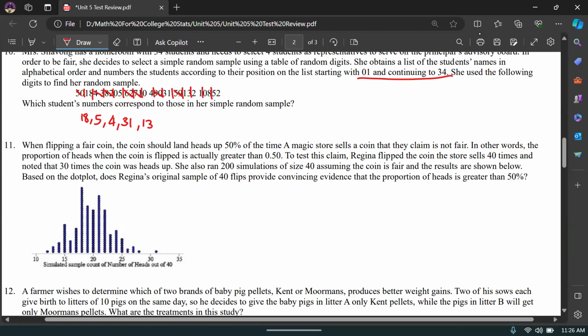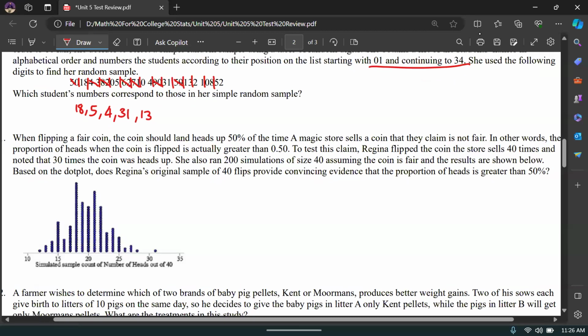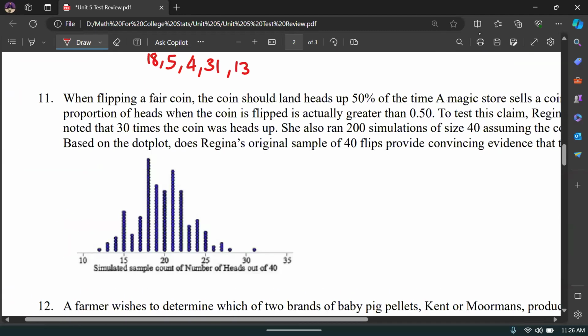All right. So as you can see from the sampling distribution here, notice how it's centered around 20, right? It makes sense to be centered around 20 because, again, when you're flipping a coin 40 times, you expect half the time to be tails, half the time to be heads. Of course, sometimes you'll land on heads a little less than 20 times, sometimes a little more than 20 times.